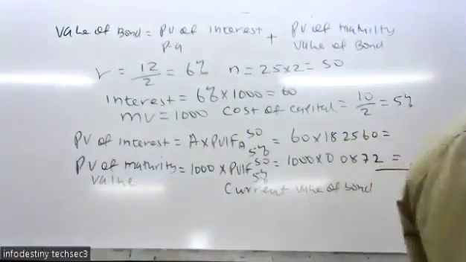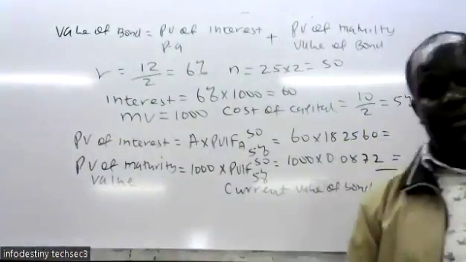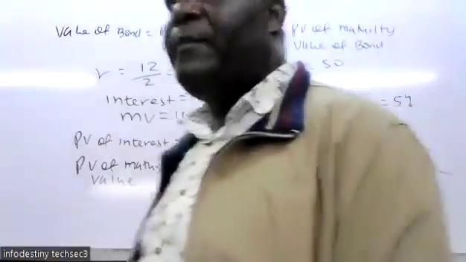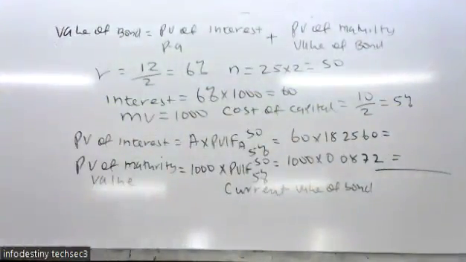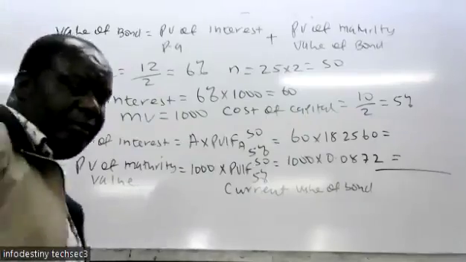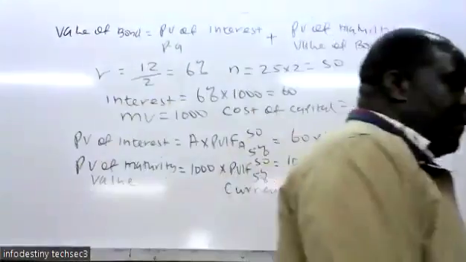Roman letter 2 is the current yield to maturity of the bond.